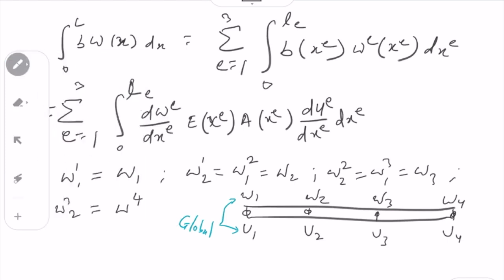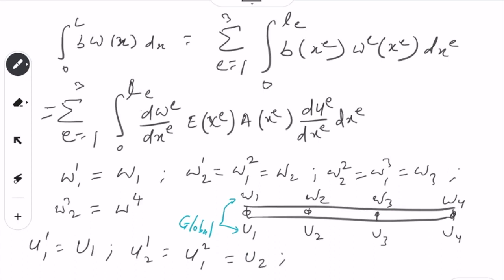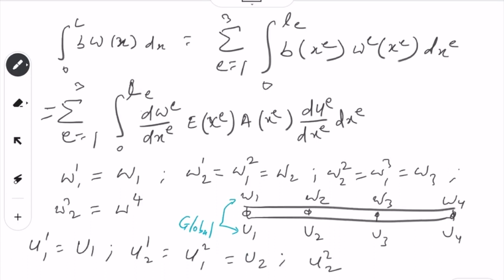Similarly, we can also write the same as this: U11 equal to U1, U12 equal to U21 is equal to U2, U22 is equal to U31 equal to U3, and similarly U32 is equal to U4.